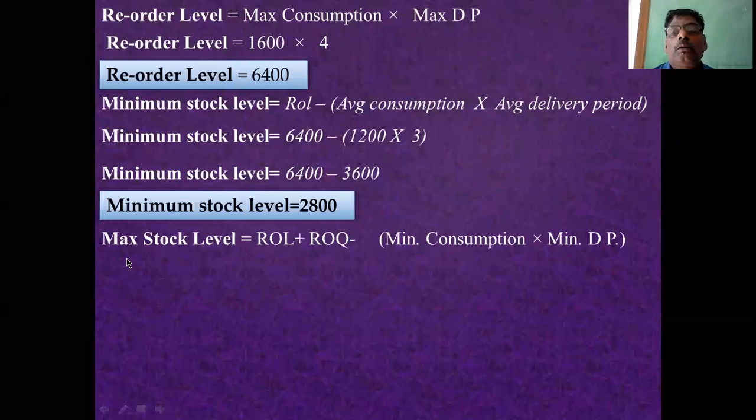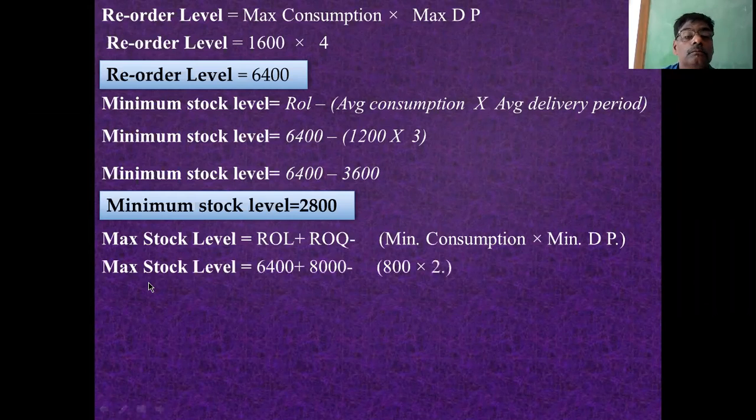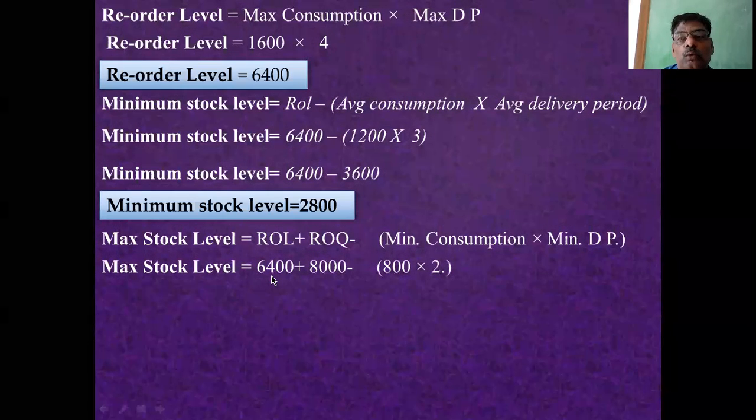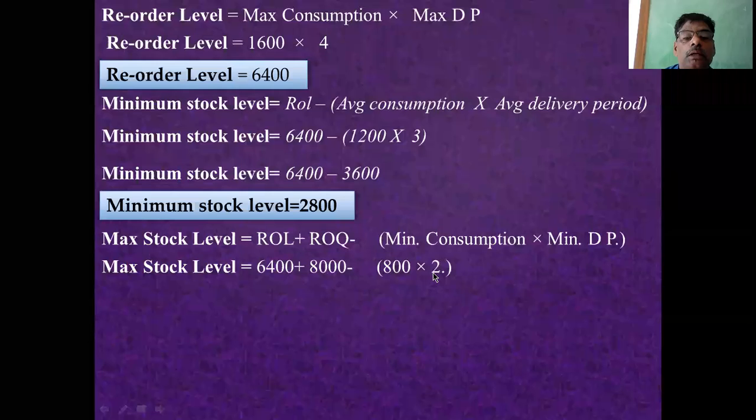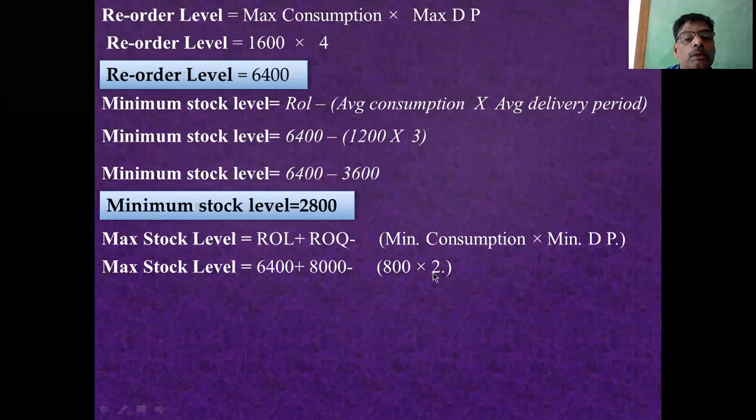Next is maximum stock level. Maximum stock level is equal to ROL plus ROQ minus minimum consumption into minimum delivery period. ROL is 6400, plus ROQ 8000 given in the problem, minus minimum consumption 800 per month into minimum delivery period 2 months.